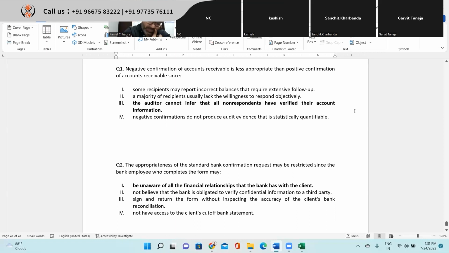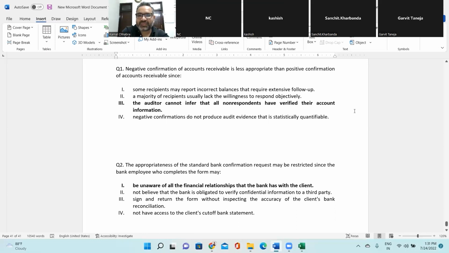So with negative confirmations, you receive a reply from the confirming party only when they disagree with some information. If they agree, they do not need to respond.